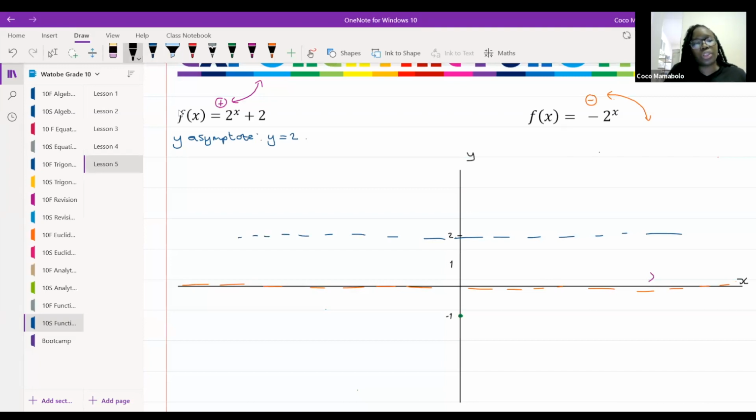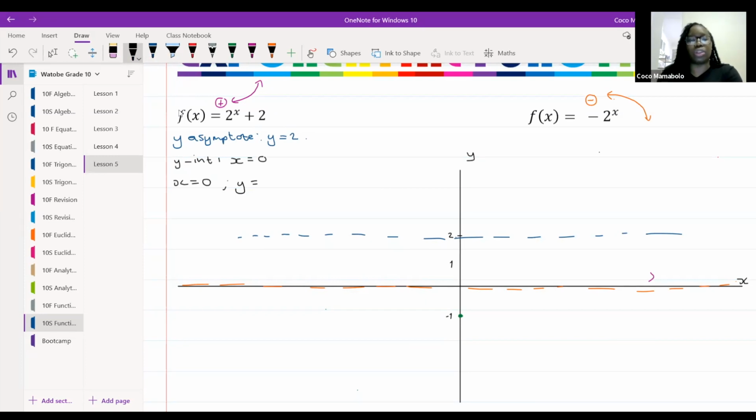Then we're also going to consider the y-intercept, where x is equal to 0. Now, guys, put that into the formula for me. When x is equal to 0, what is y equal to? Good.